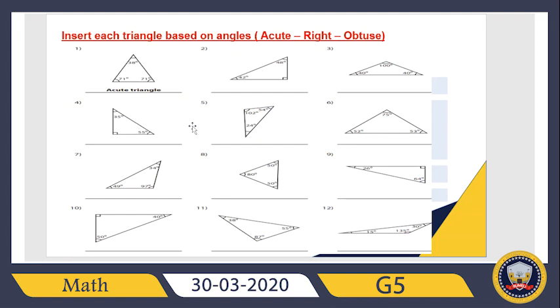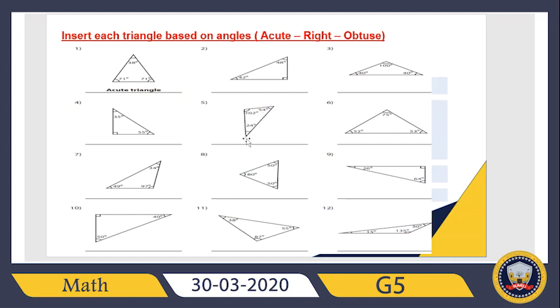As long as I see 90 degrees, one angle equal to 90 degrees, it's called a right angle triangle.